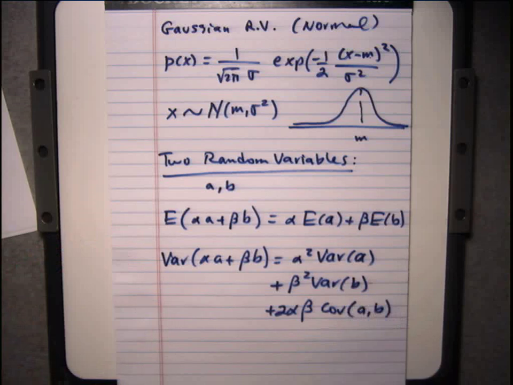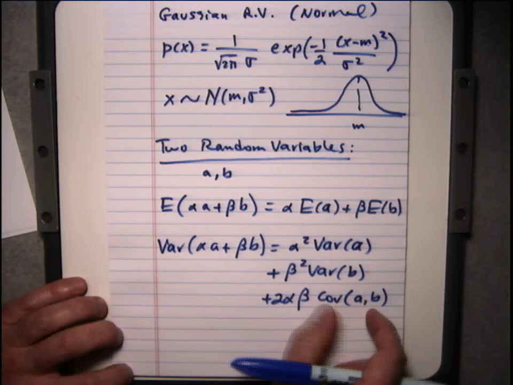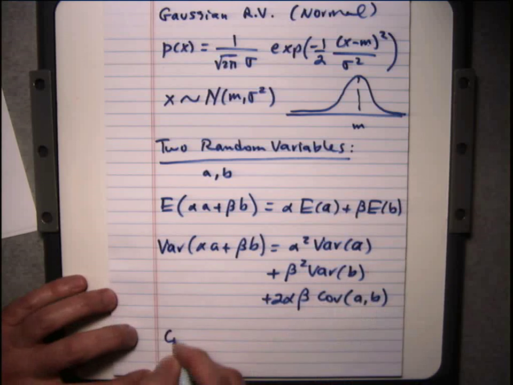Okay? Covariance is an indication of the linear dependence between two random variables A and B. So if A and B are not linearly related to each other, then this term would be 0. The covariance is defined like this.